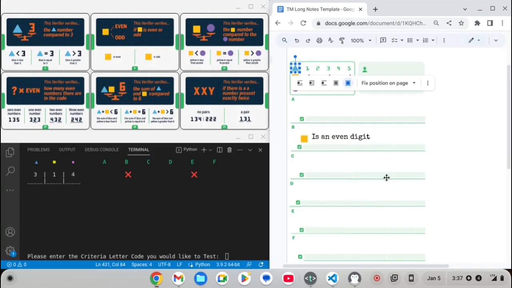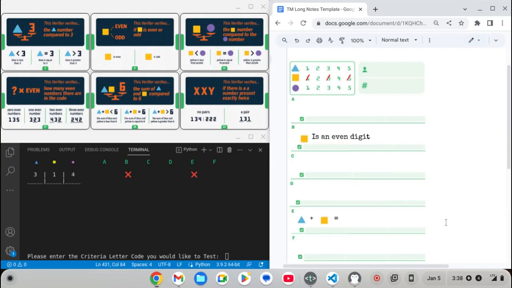So let's go ahead and type that up in our notes in section E, and we'll say that triangle plus square should be either equal to or be greater than 6.